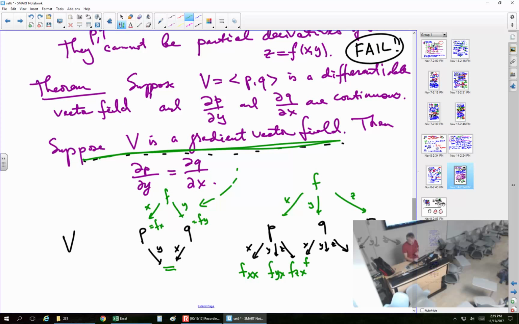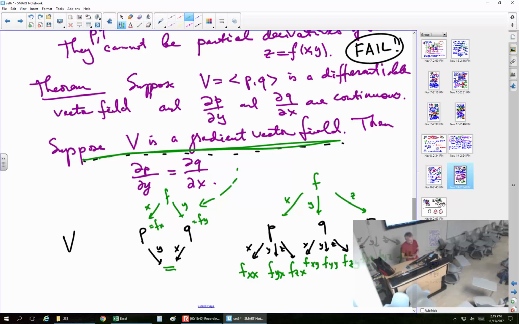This will be f... What is this? fxy. So y first, then x. Okay, then this will be fyy, not mixed. This is fzy, fxz, fyz, fzz. Okay, great.